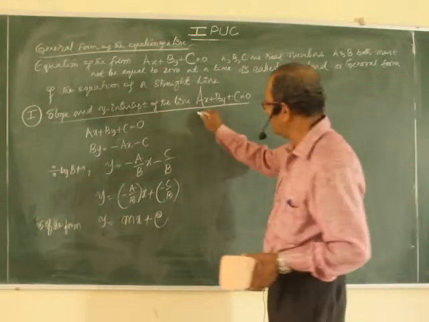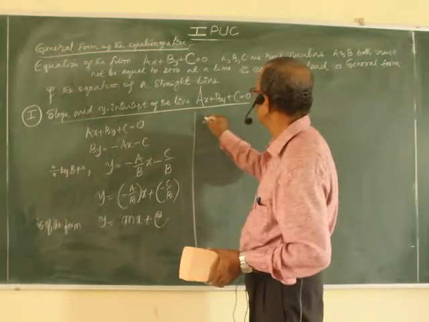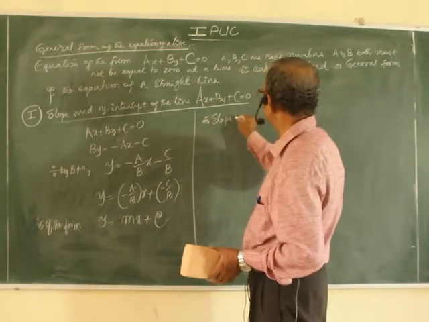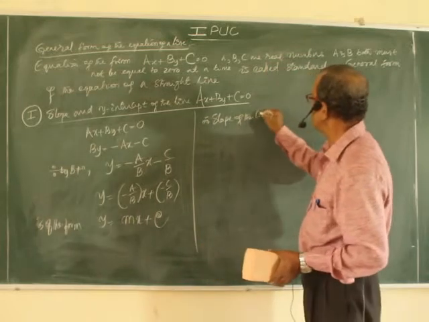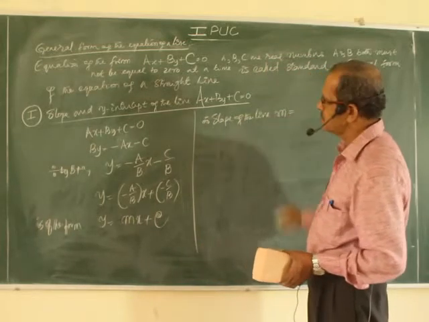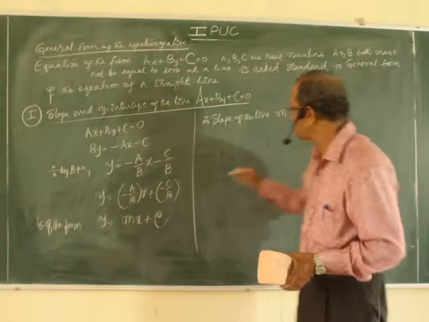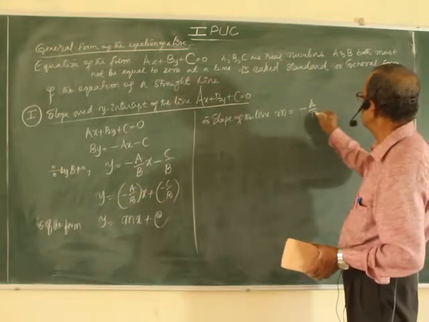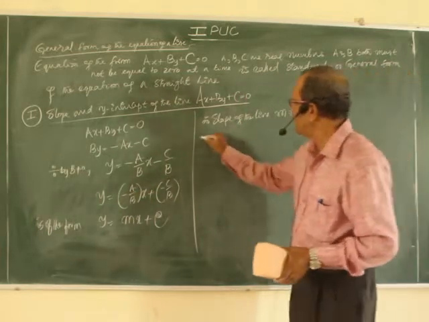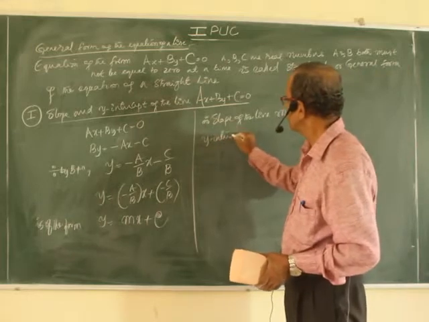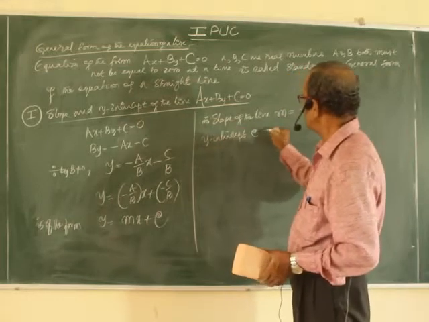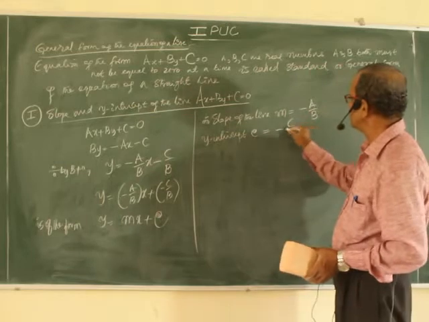So, immediately you can say, therefore, slope of the line m equal to minus a by b. Y-intercept c equal to minus c by b.